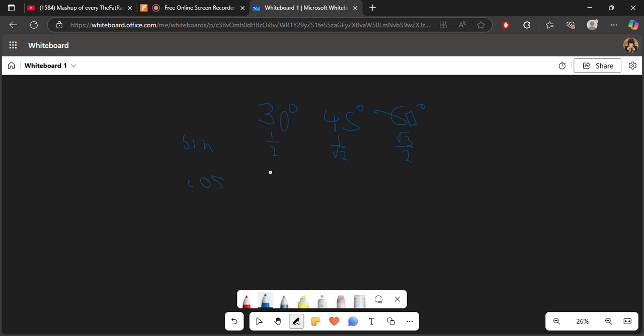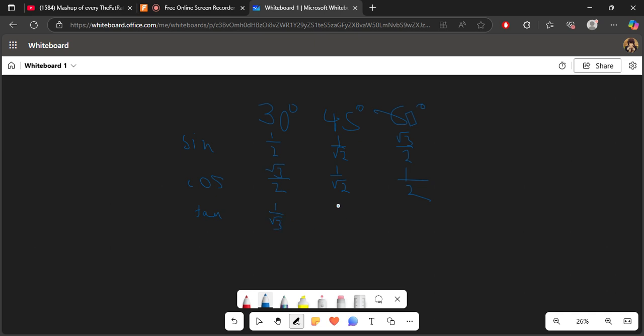The cosine of 30 is root 3 over 2. The cosine of 45 is 1 over root 2. The cosine of 60 is 1 over 2. Then moving on to tangent. Tangent of 30 is 1 over root 3.